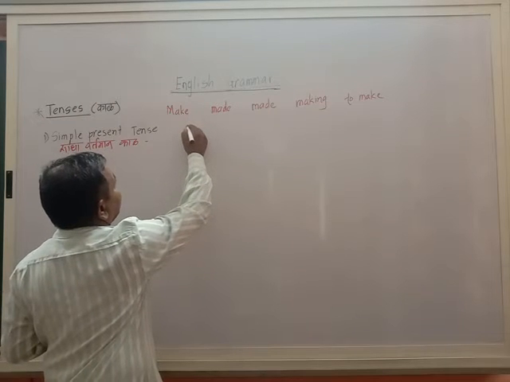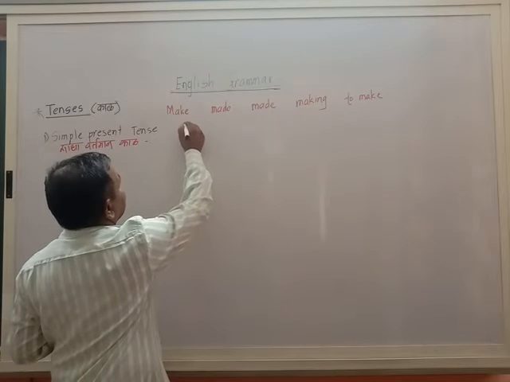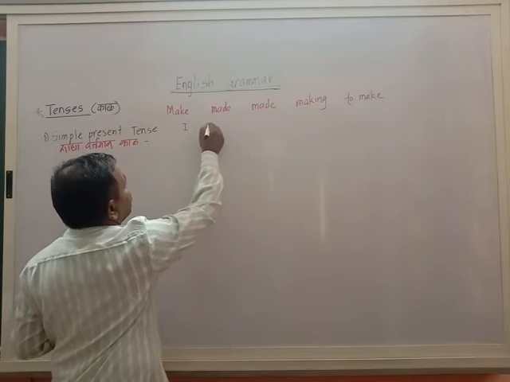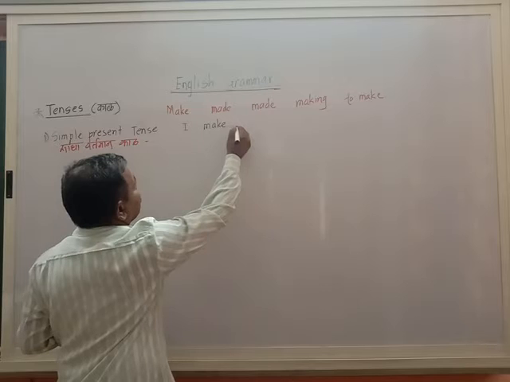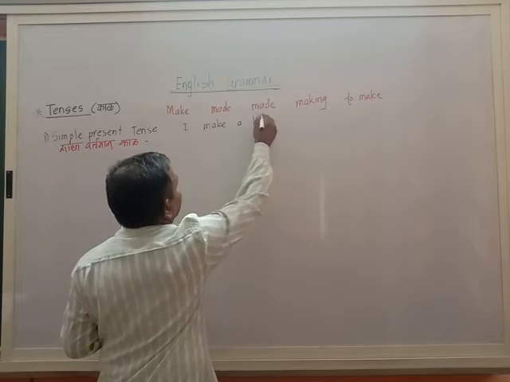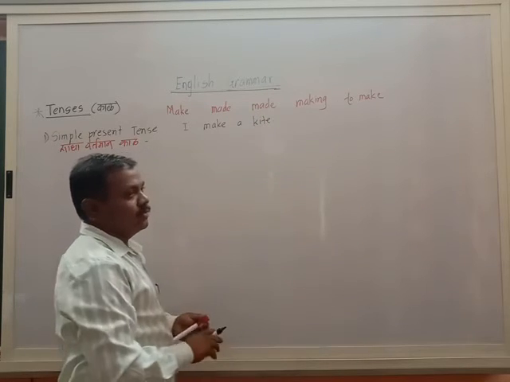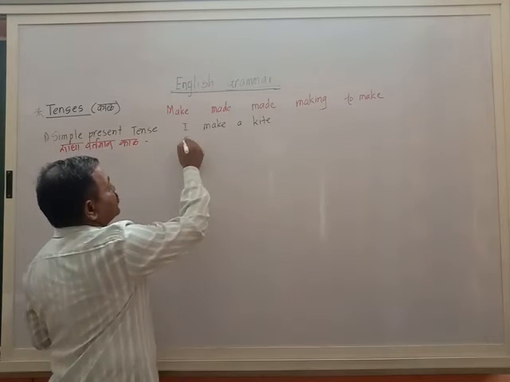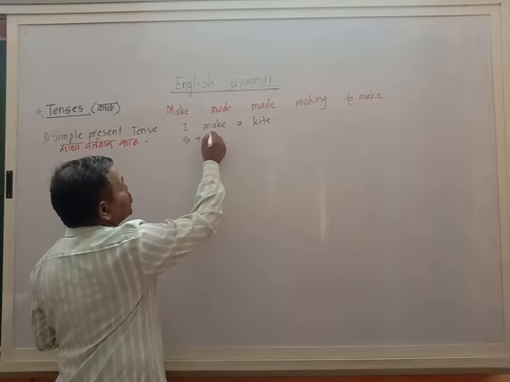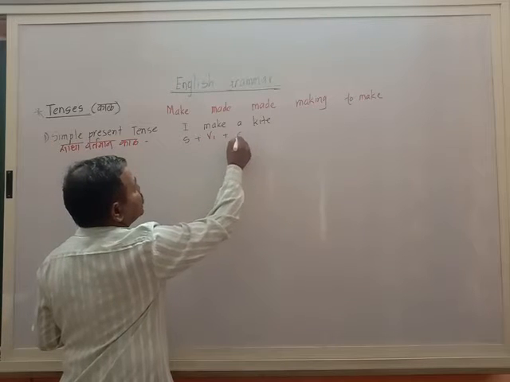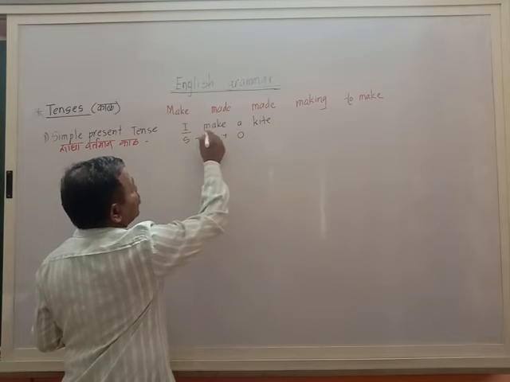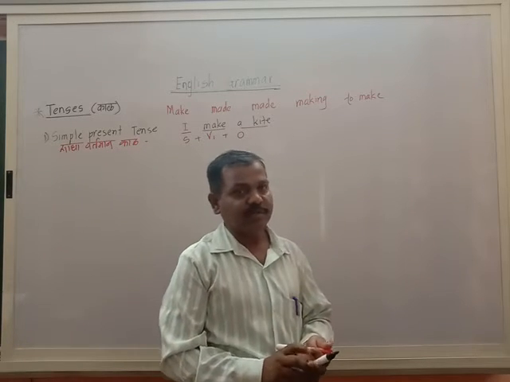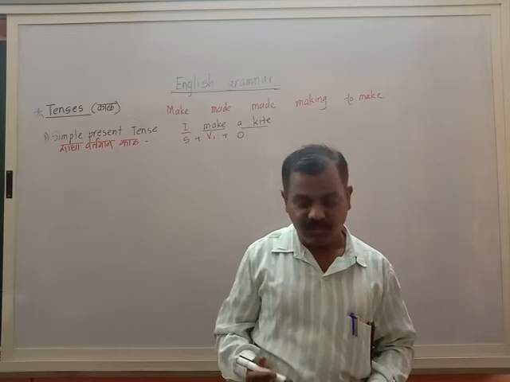See, suppose if I take here, I make a kite. What is the structure there? As per previous lecture we have seen subject plus V1 plus object. Subject, V1, object. This is the structure. This is the simple present.